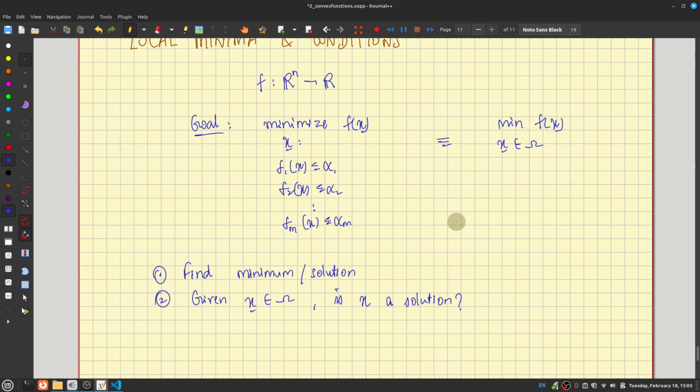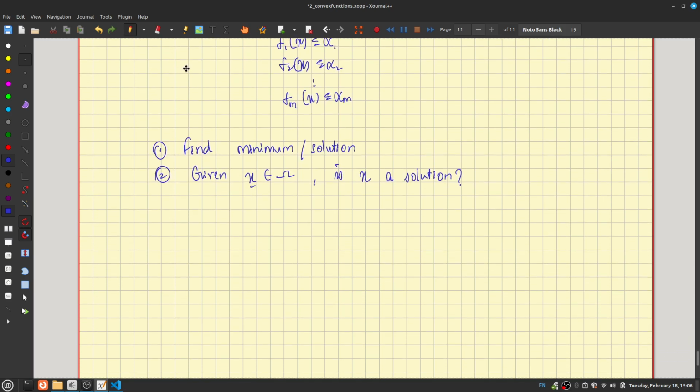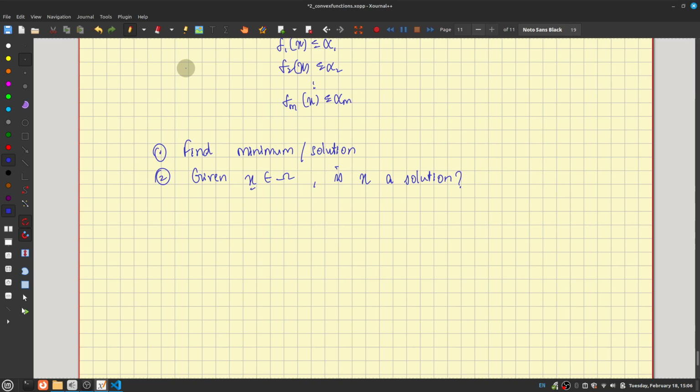If all you know is x and maybe some local information about the function values around x, it is not possible to say whether x is actually a minimizer or not. But what we can say is whether x is a local minimum or not. Right. So first I'll have to define what it means to be a local minimum. Correct? So is the problem clear?